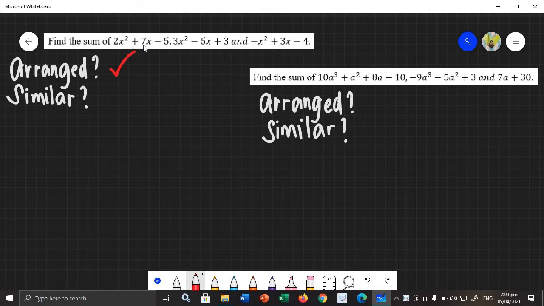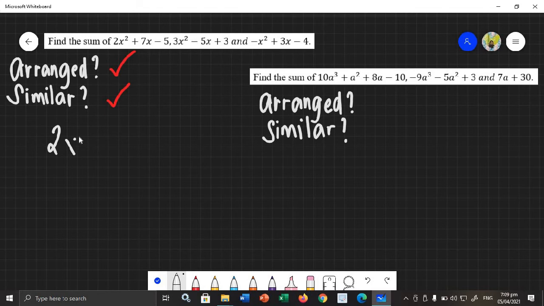And they have similar literal coefficient na. So, pareho silang may x squared. Actually, lahat sila may x squared. Lahat sila may x na variable and lahat sila ay may constant. So, we can add them kasi meron silang mga similar terms. So, i-write muna natin yung given natin in vertical form.